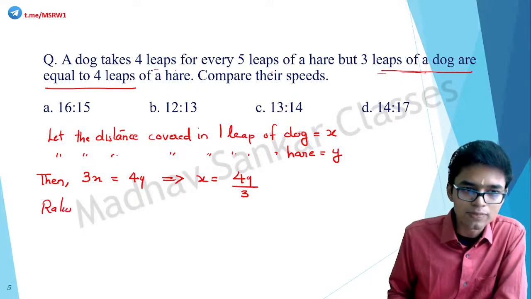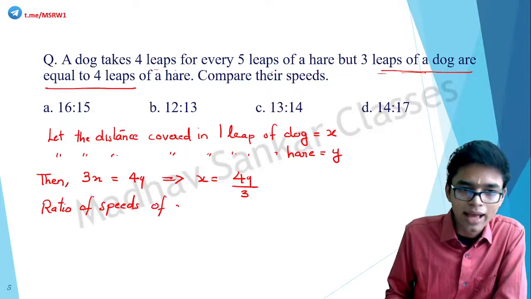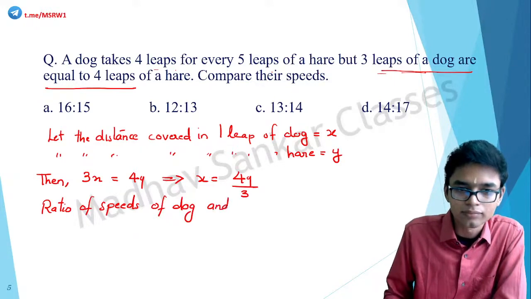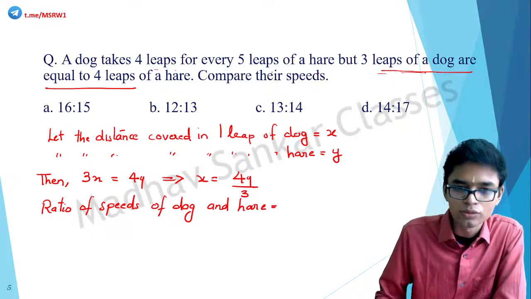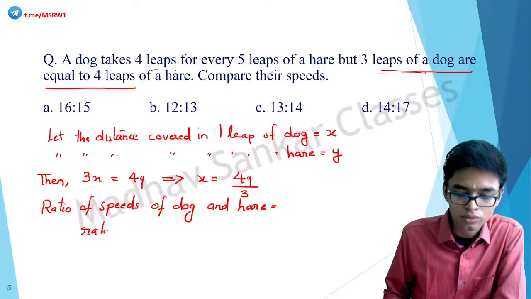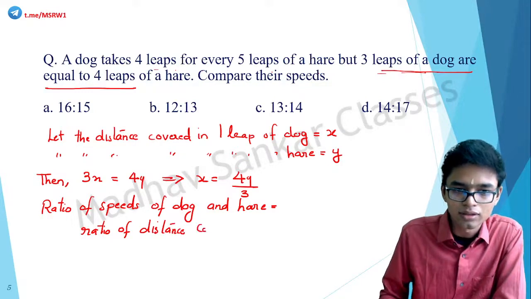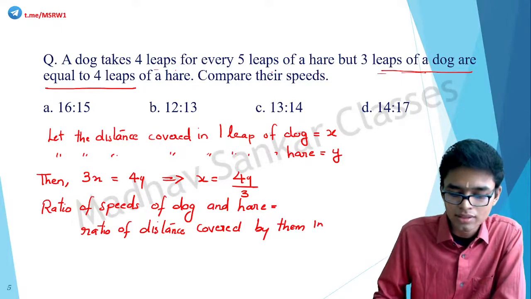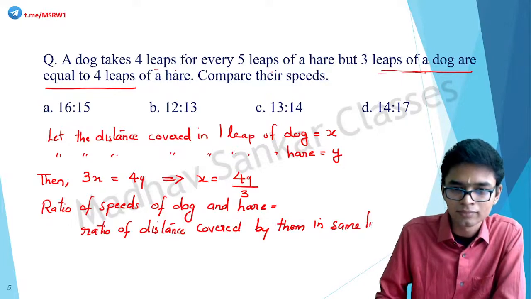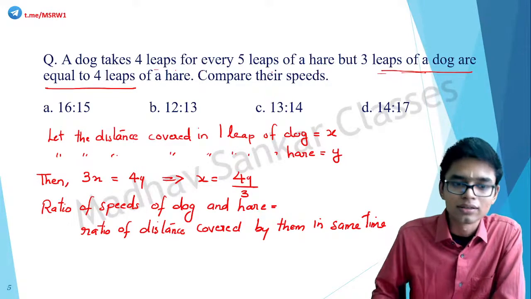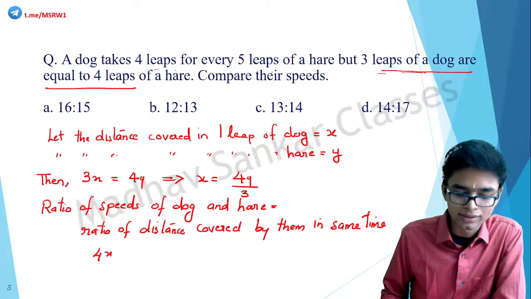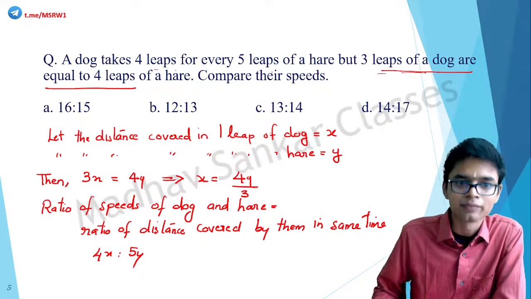Now, the ratio of speeds of dog and hare is equal to the ratio of distance covered by them in the same time. Correct? What does this mean? 4x is to 5y.